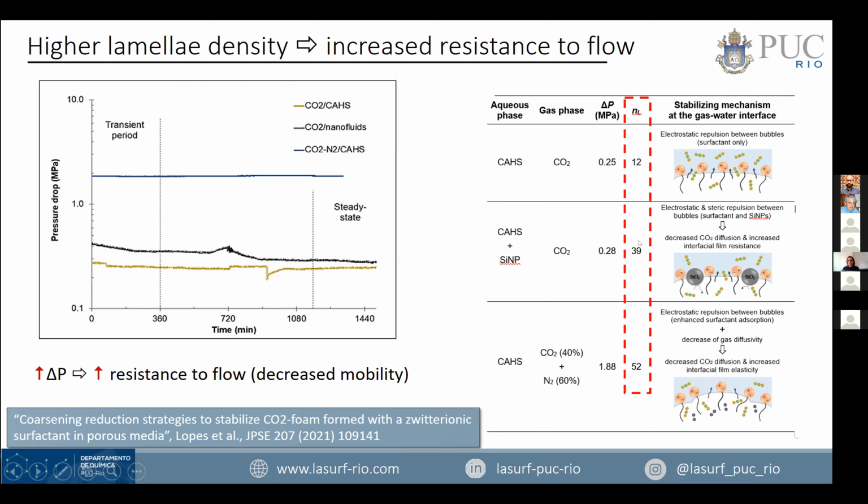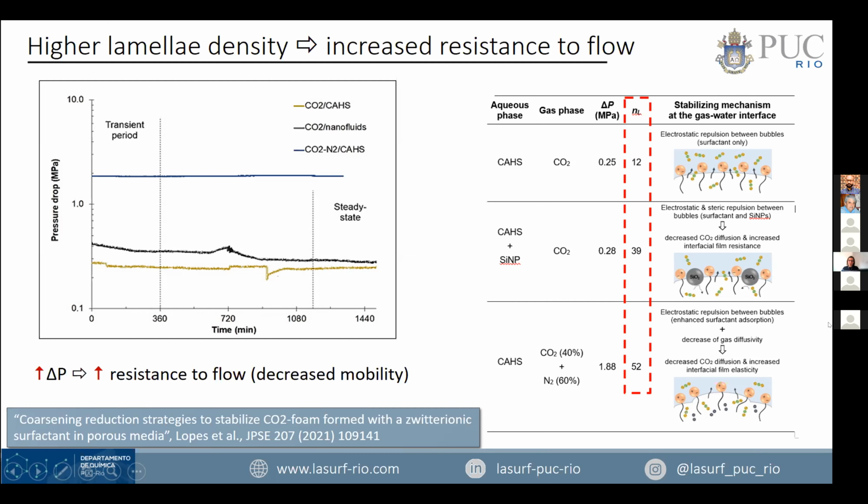Even in the figure before, where I showed the micromodels, you saw that the lamella were similar, increasing in both cases, with nanoparticles and with nitrogen. But the difference here is much larger in terms of the number of lamella detected, and they are both much higher than that obtained with just the surfactant.